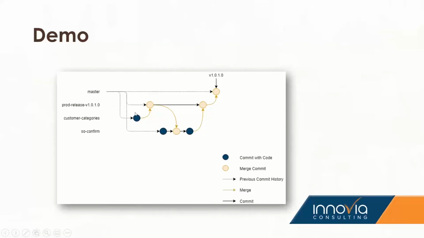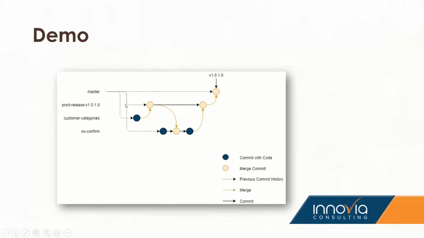I'll do a single commit, and then we'll declare this feature done. Feature 1 will be done after one commit, and we'll get ready to stage it for our production release. We'll do that by merging our customer categories branch into our production release. At this point, our production release branch will have all the finished code from our customer categories.